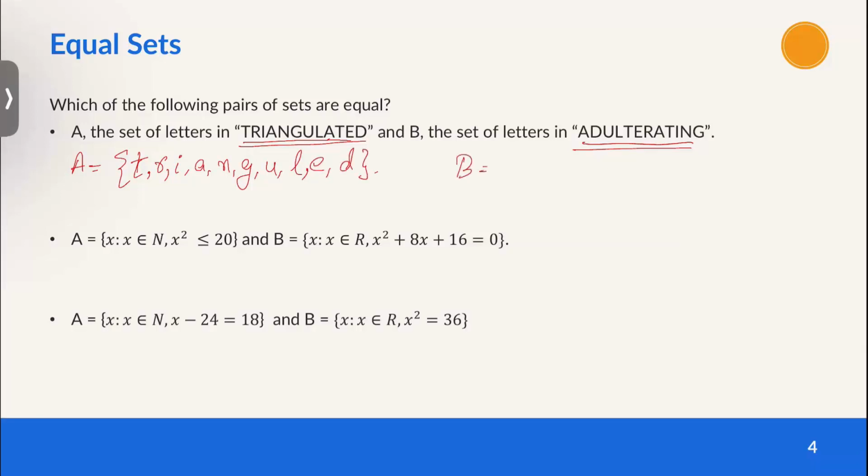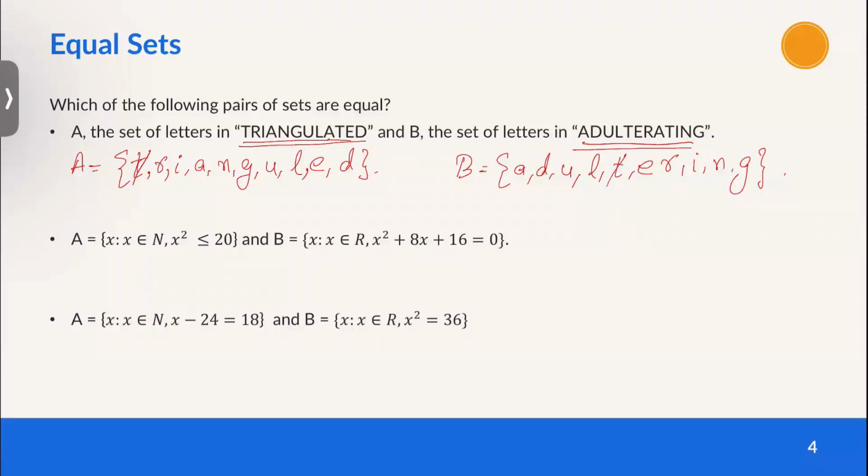And we'll write B as A, D, U, L, T, E, R, A already written, T already written, I, N, G. Now we'll check if all the elements are there in both.